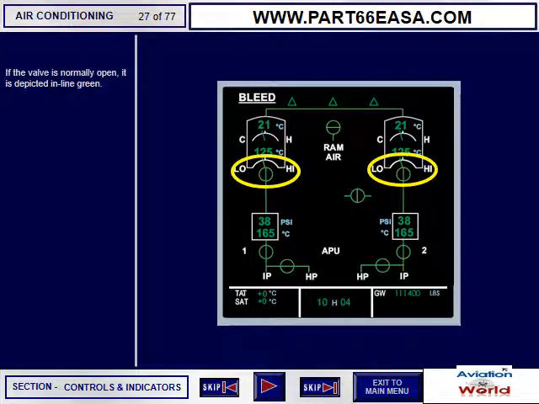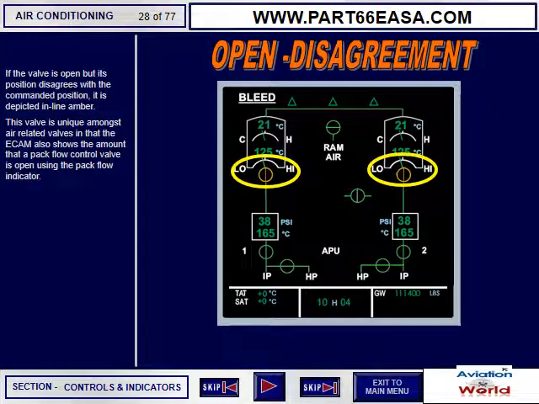If the valve is normally open, it is depicted inline green. If the valve is open, but its position disagrees with the commanded position, it is depicted inline amber.